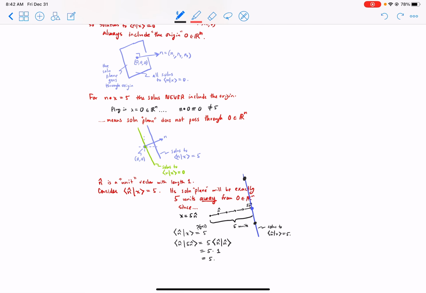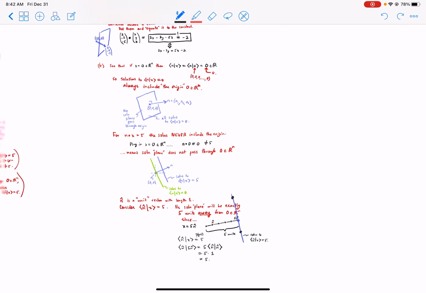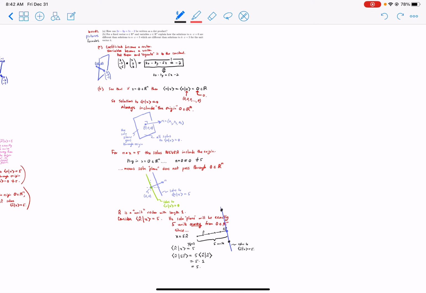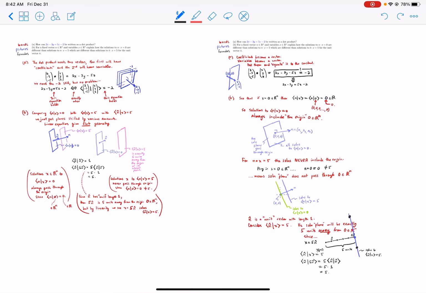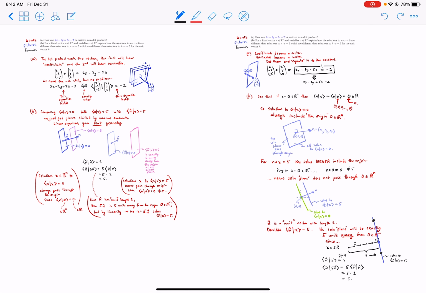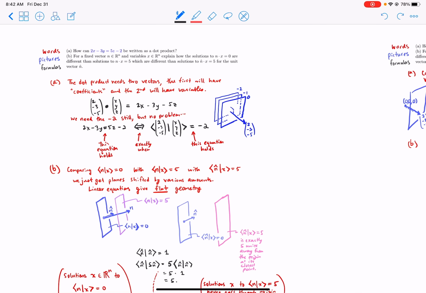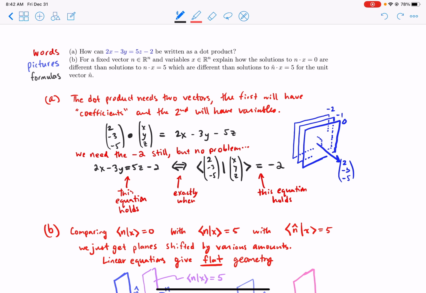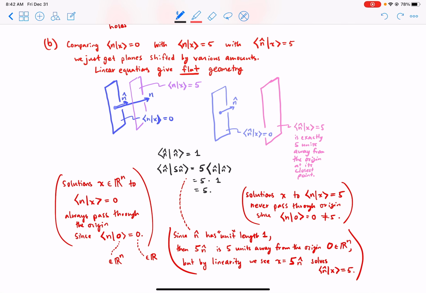Okay, so good. I have pictures, I have words, I have formulas. And I was quizzing myself, so that I also solved it earlier, sort of in a different way. So you can maybe compare these two solutions. Here's part A of my other solution. Here's part B. Linear equations give flat geometry in words, and in pictures here are the flat things.